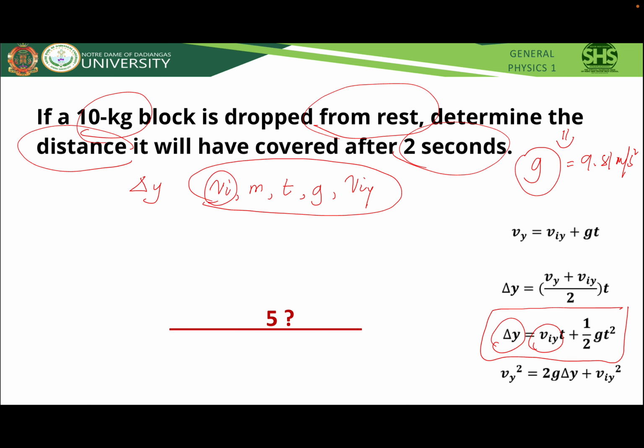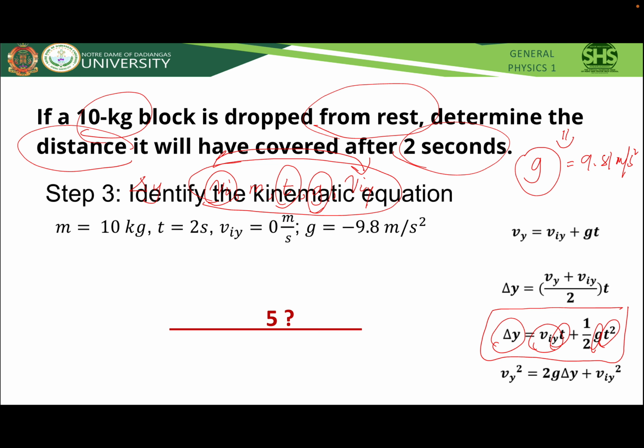You have your initial velocity, your time, and your g. So, everything is already here, and this formula will help you in solving for the unknown. So, that's our formula, formula number 3.